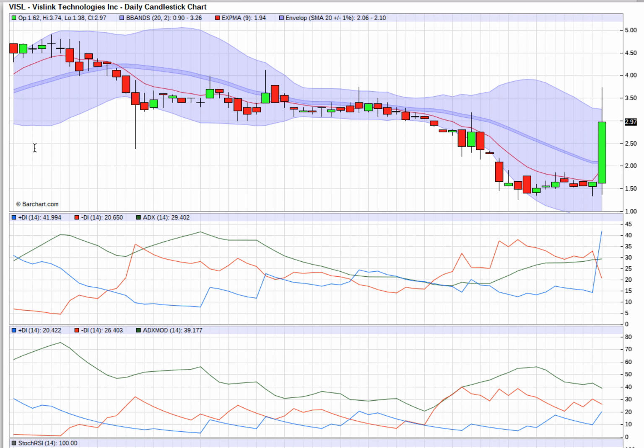So first off, this here is essentially like a flat board, or it's like a double bottom, even though the body of these candles is a little higher than the body of these candles.